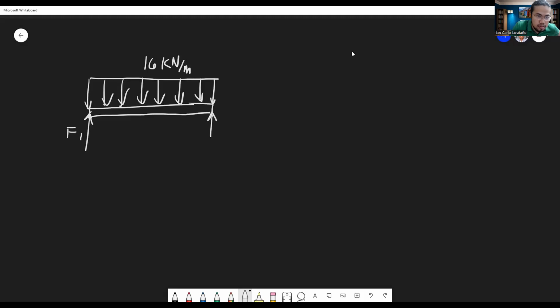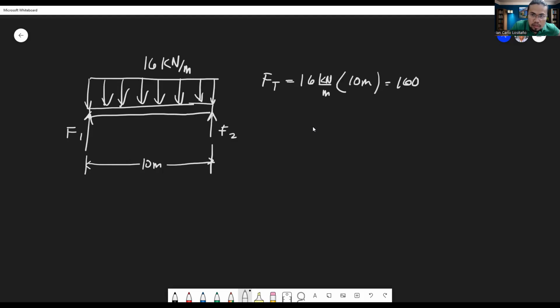Let's denote them as F1 and F2. This is going to be 10 meters from end to end. Now, the total load is going to be 16 kilonewtons per meter times 10 meters. We get 160 kilonewtons.